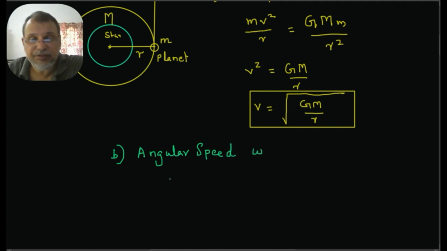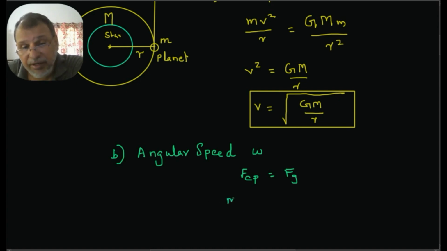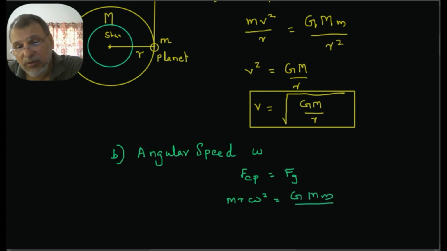So in this case, we can again write the same relationship. F_CP is equal to F_G, but here for F_CP, instead of writing m v squared over r, we'll write m r omega squared. So m r omega squared is equal to G M m over r squared.